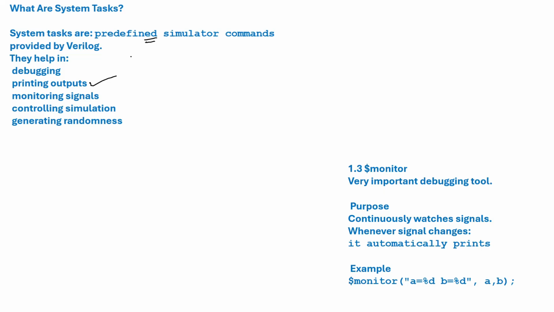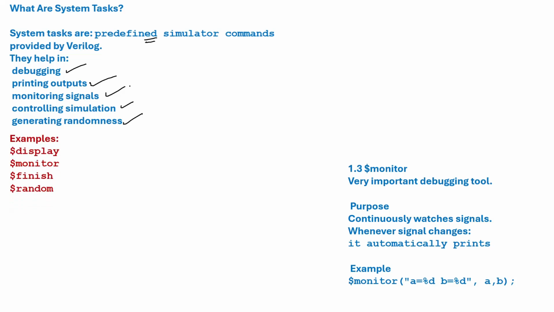And generating randomness, meaning we will get different values. All these are helpful in debugging, printing, monitoring signals, and controlling simulation. All these times we will use system tasks and functions. Both are the same.